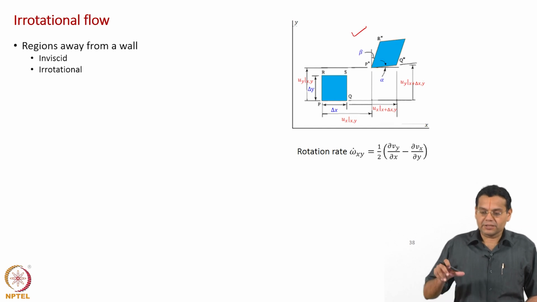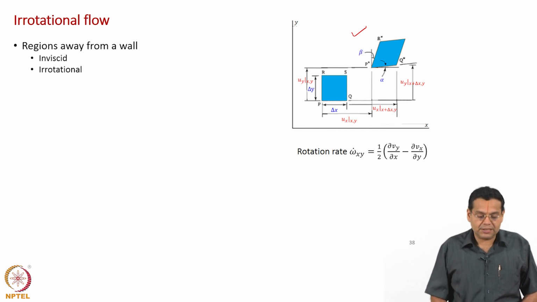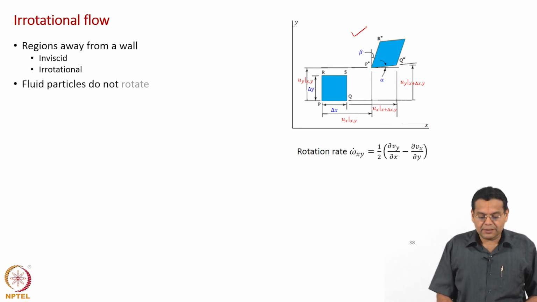When we say rotation, we mean rigid body rotation of the fluid element. There can be change in length and change in angle, which means there can be non-zero normal strain rate and non-zero shear strain rate, but rotation is 0. That is what we mean by irrotational. Fluid particles do not rotate.